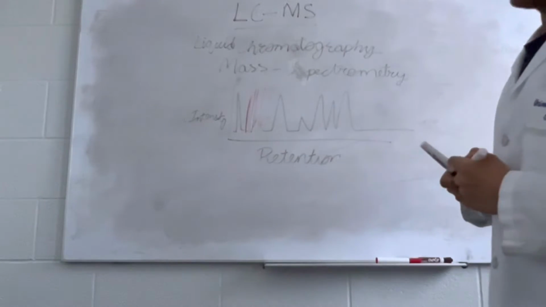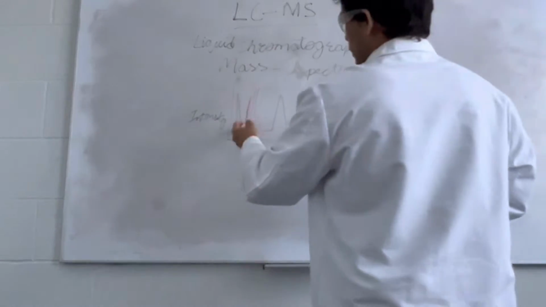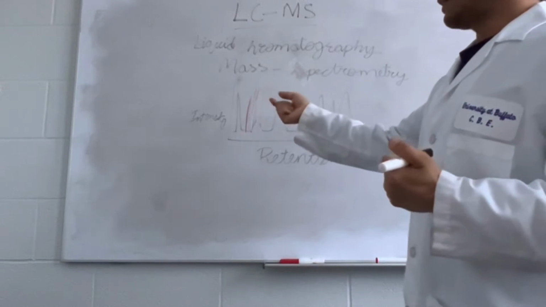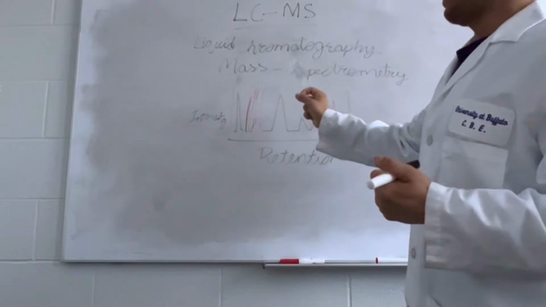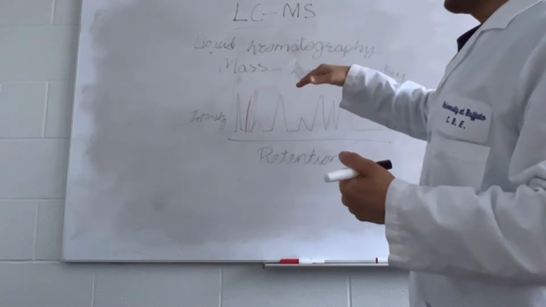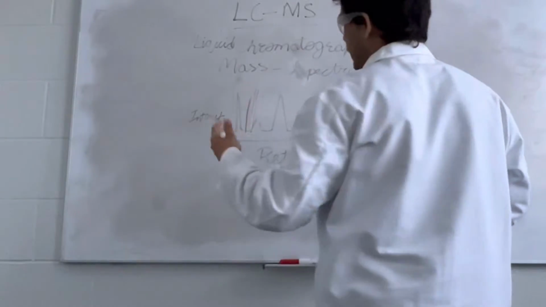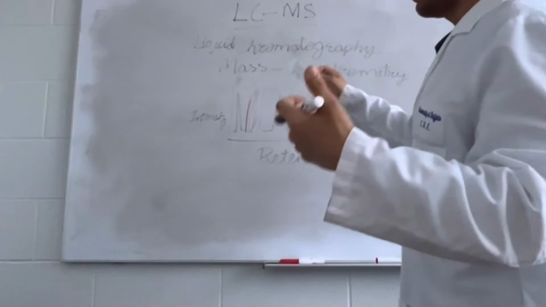The reason is that now there is nothing to separate the compounds present in the sample before they are injected into the mass spectrometry. So at this point it is difficult to distinguish which compound is which.